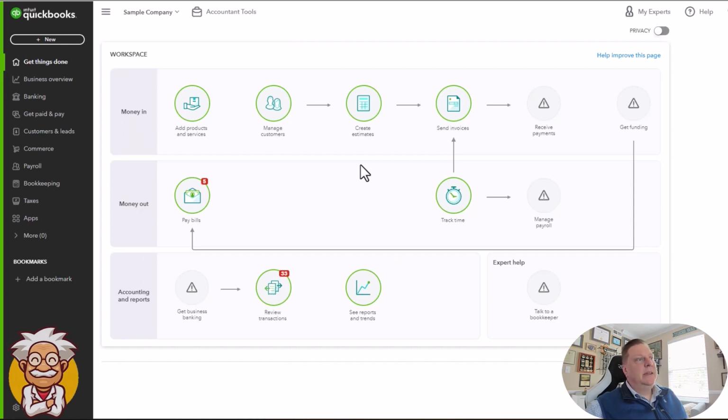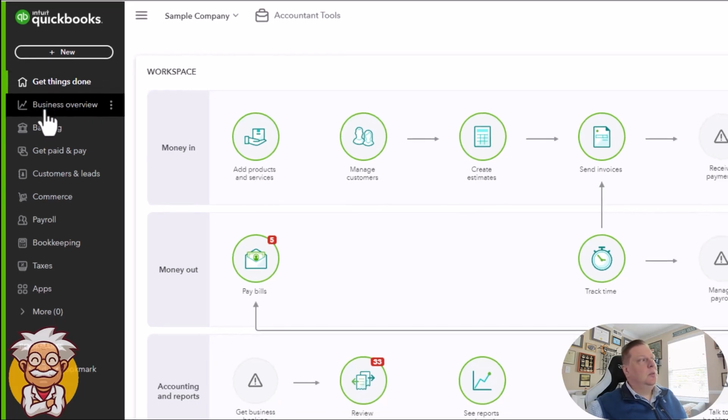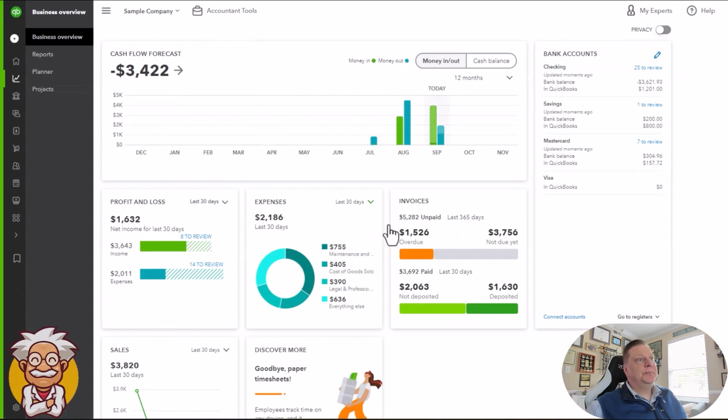We are in the main screen as you log into QuickBooks Online. We are in the business view of QuickBooks Online. And over here to the left, we have the Get Things Done, which is the main one that shows up. So we just move down to the next one, which is Business Overview.